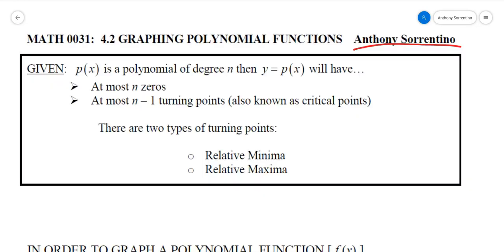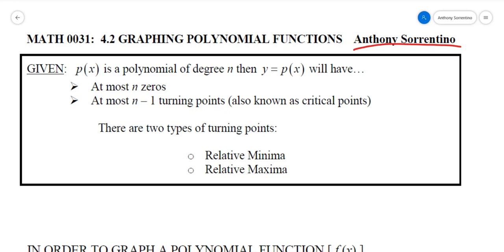4.2 Graphing Polynomial Functions. We talked about some of the features of a polynomial function in the previous section, 4.1. Really not enough though to help us graph it, because graphing requires knowing specifically where certain things are going to occur, and until we get the idea of what to look for, it's a little more difficult to graph them accurately.